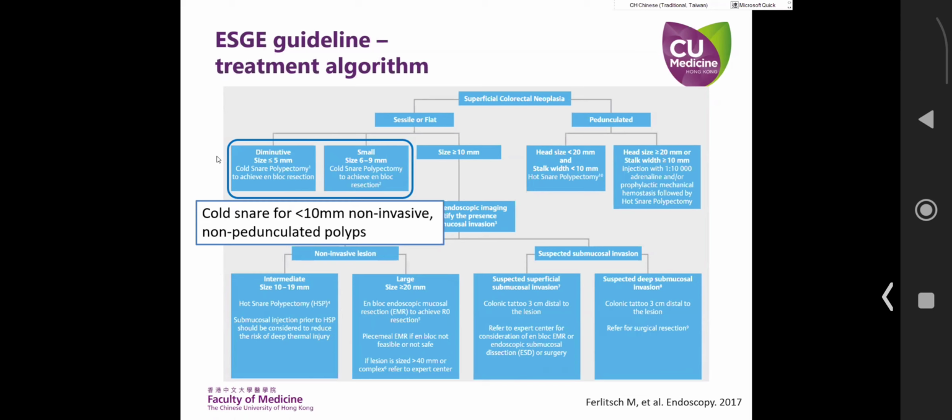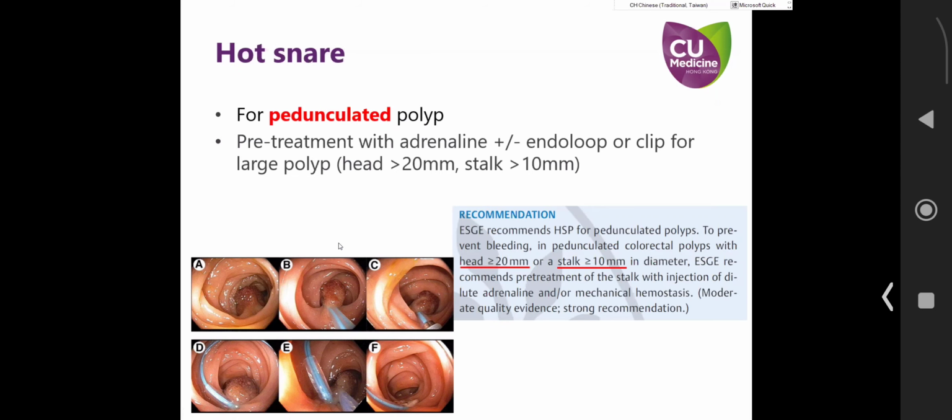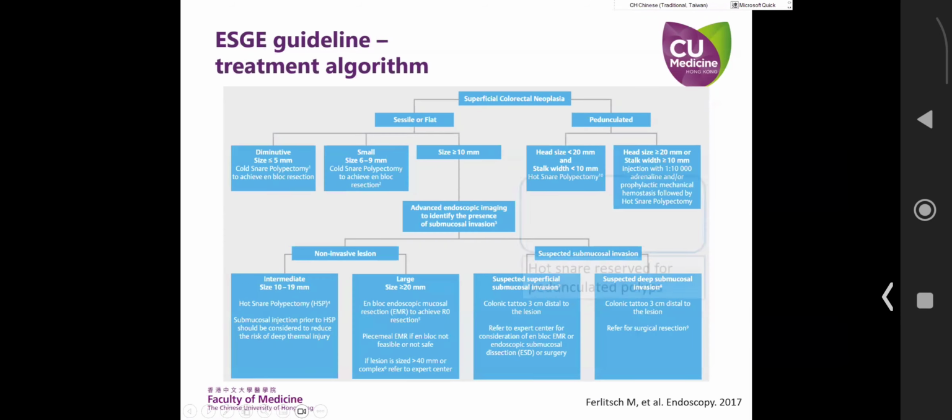So cold snare polypectomy should be the first-line treatment for small, non-invasive lesions. If you encounter a dilated polyp, I'm sure you all know that we should use hot snare polypectomy, or a fixed snare. And of course, pre-treatment with endoloop is recommended as well.